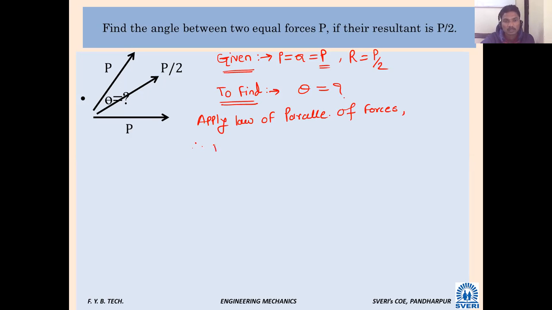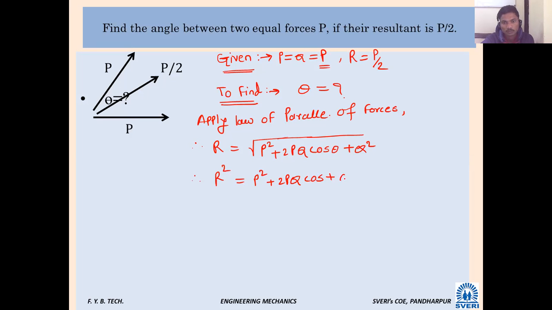Therefore, R is equal to under root P square plus 2PQ cos theta plus Q square. Now what are you going to do here? Suppose a little simplification I will do. R square is equal to P square plus 2PQ cos theta plus Q square.